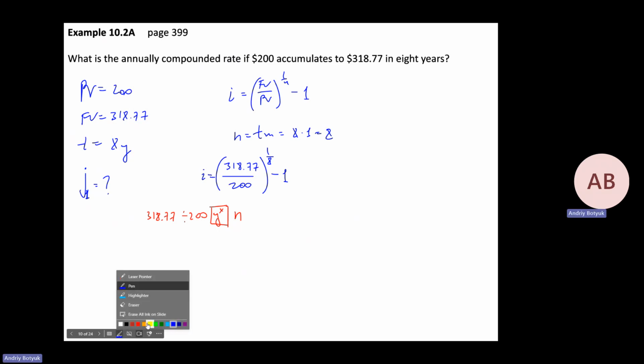And guys, friendly recommendation, do not calculate that value, 1 over 8. Don't rush. You will calculate it right here. So 8, then you press 1 over x. This is your 1 over 8. Equals, minus 1, equals.